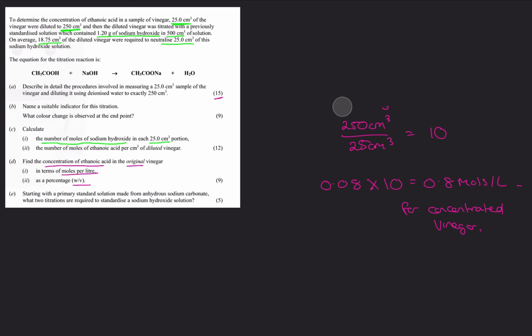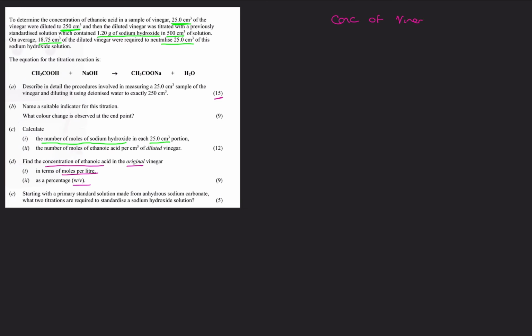And then the very last one is the concentration in terms of weight per volume. That's what WV means. So we worked out the concentration of vinegar, the original one now, is 0.8 moles per litre. Okay, so in weight per volume, you're always talking about 100 centimeters cubed. The weight is usually in grams, the volume is 100 centimeters cubed.